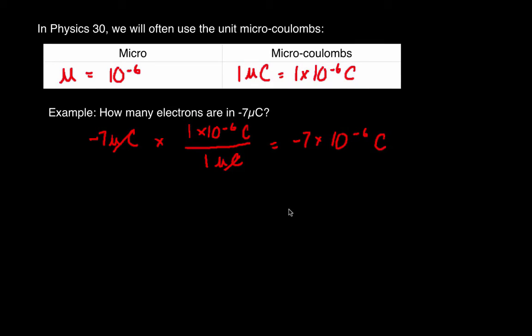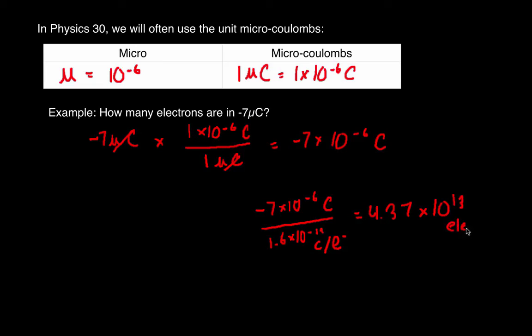We also know that the charge of the electron is 1.6 times 10 to the minus 19. So minus 7 times 10 to the minus 6 coulombs divided by 1.6 times 10 to the minus 19 coulombs per electron. This gives us 4.37 times 10 to the 13 electrons.